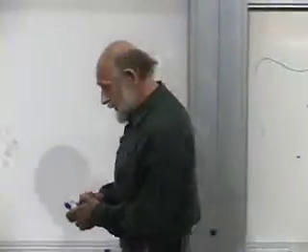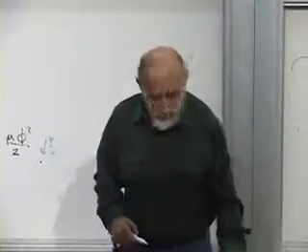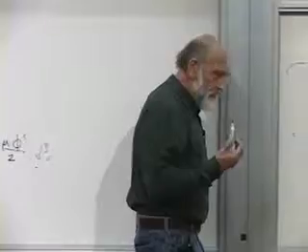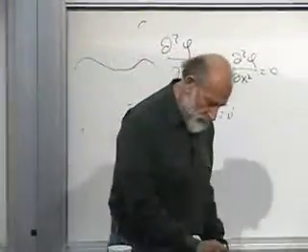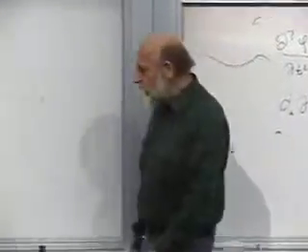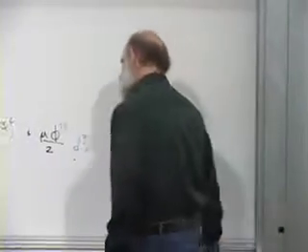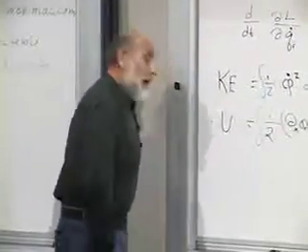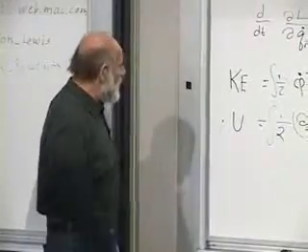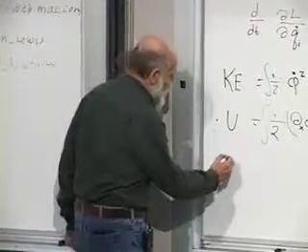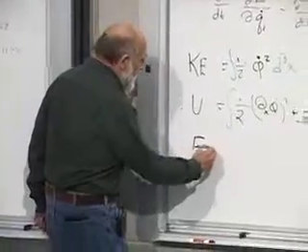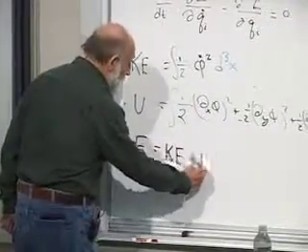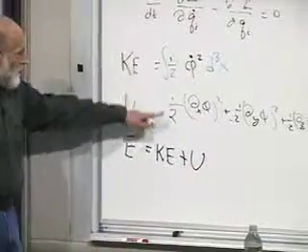Now, the Lagrangian is the difference of the two kinds of energy. Lagrangian is the difference, but the energy itself, which in Hamiltonian mechanics becomes the Hamiltonian, of course, but let's not worry about that. The full energy is kinetic energy plus potential energy. So it's the sum of these.